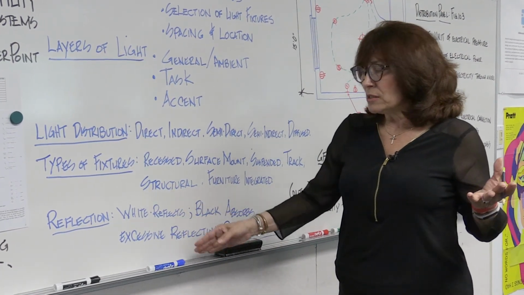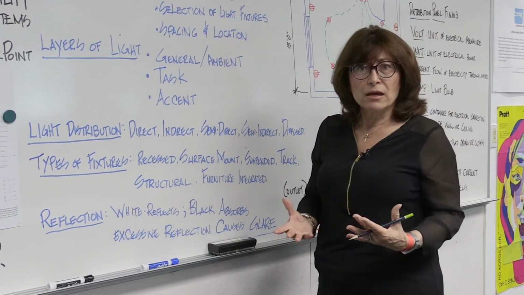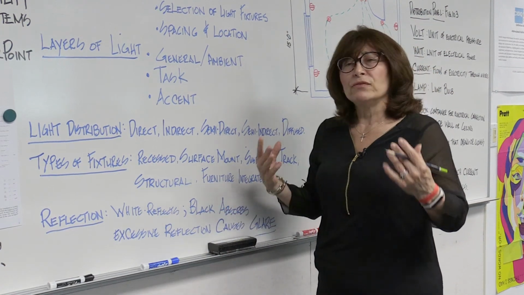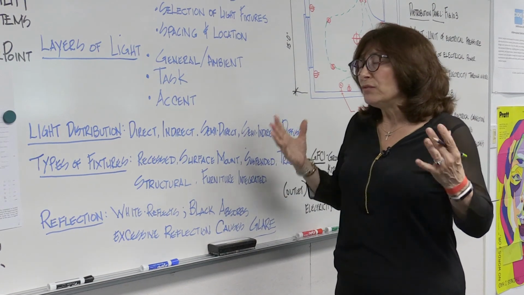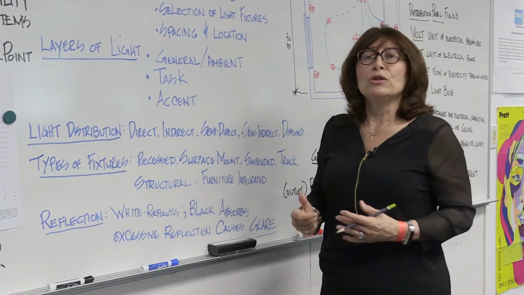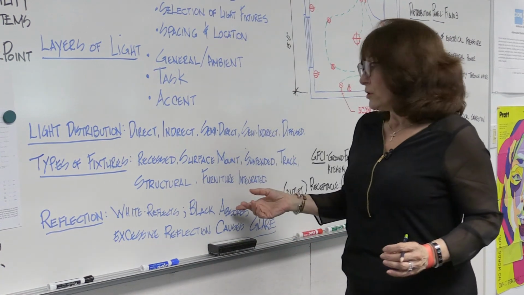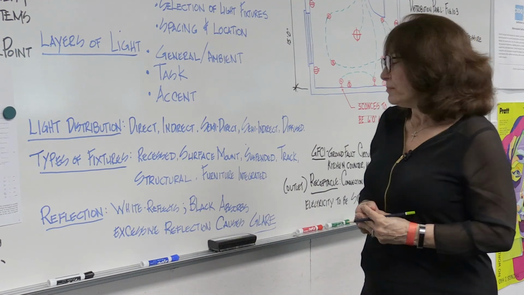One thing that you need to understand, white reflects. If you have white or very light colored walls, they will reflect light. If you have black or very dark colors, they absorb light. So in actuality, if you have a very, very light room, you may not need as much light as if the room were dark. If you have dark walls, you may need more light.